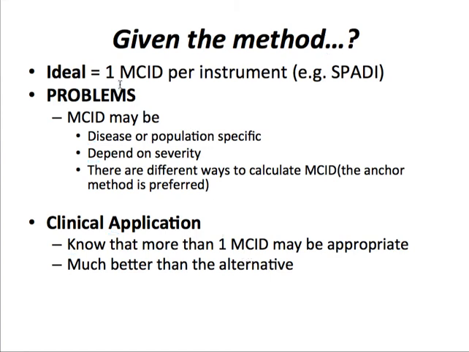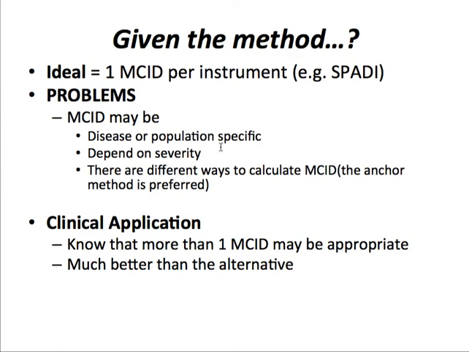So that's a good example of how an MCID would be determined using the anchor method. And here's some of the issues that, if you reflect for a minute about that approach, we tend to think that there's one MCID per instrument. But essentially, different disease populations may respond differently over the kind of intervals that we measure them or that we see them.